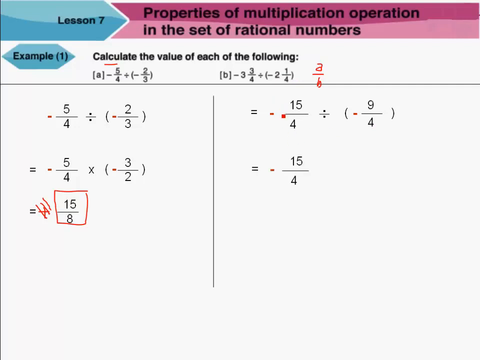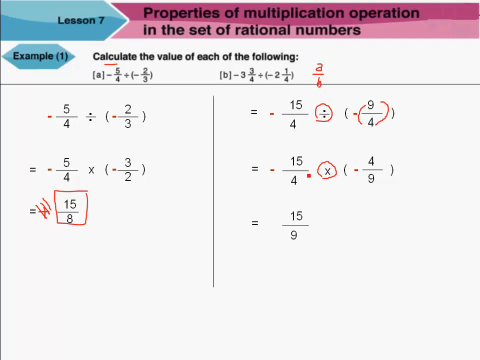This will be equal minus 15 over 4 and change division to multiply, and we will take the multiplicative inverse of this rational number, which is minus 4 over 9.